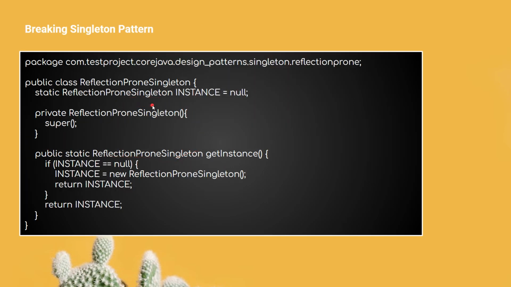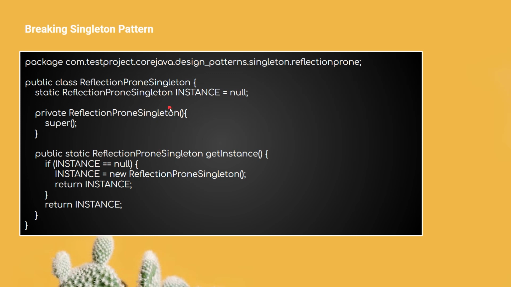Breaking the singleton pattern. Now we see that every singleton pattern that we have created earlier can be broken, right? Suppose we take this example. Here we have made an instance and initialized it over there. Now someone can break this approach using the reflection API.